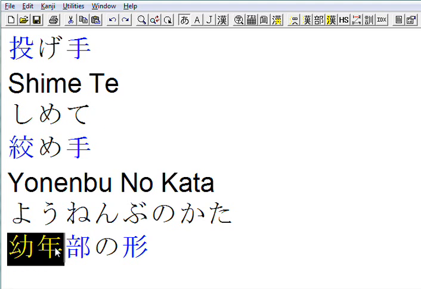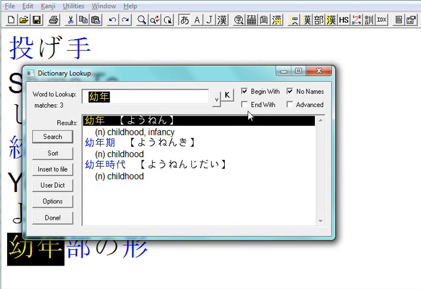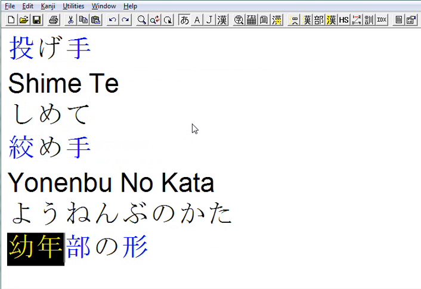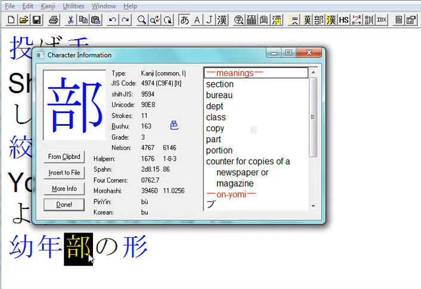And when taken together, if I pull up my dictionary, and for those of you who are using JWP, here's the dictionary button. Okay, it means childhood or infancy. We can just say this refers to kids.